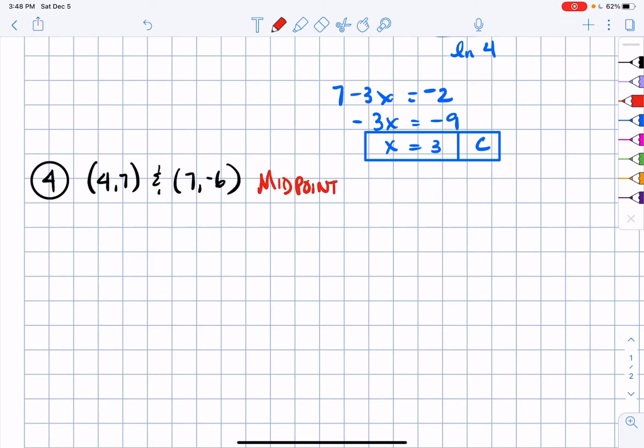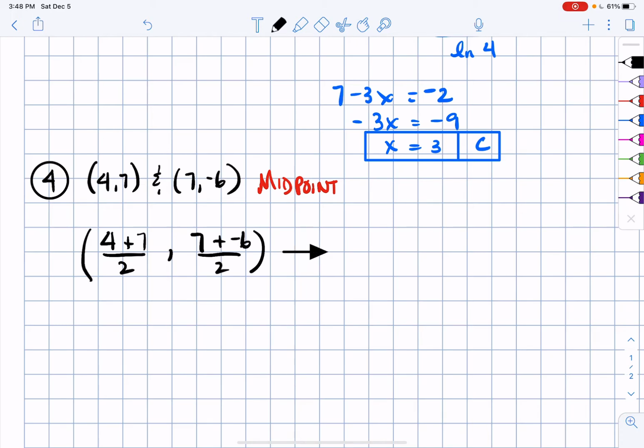Midpoint is just like the average of those 2 points. So you're going to take the x values, which is 4 plus 7, and divide that by 2. And then you're going to take the y values, 7 plus negative 6, and divide that by 2. If you do that, the midpoint is going to be 11 halves, comma, 1 half.